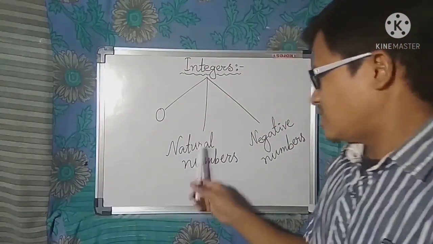Now, natural numbers. So what are natural numbers? Counting numbers are called natural numbers. That means the numbers used for counting are natural numbers. So usually counting starts from 1. We know 1, 2, 3, 4, 5, 6.